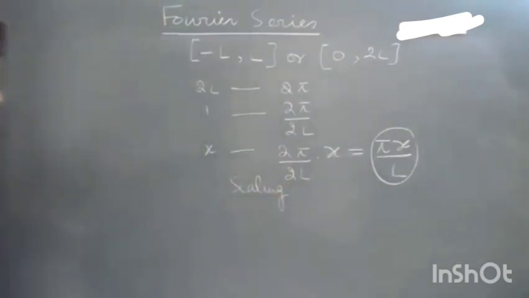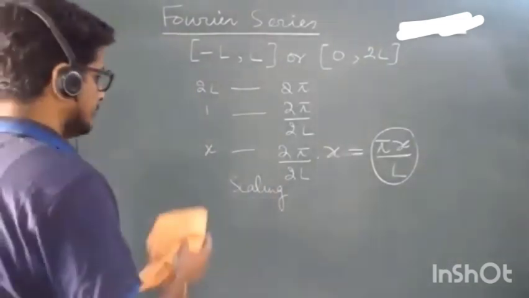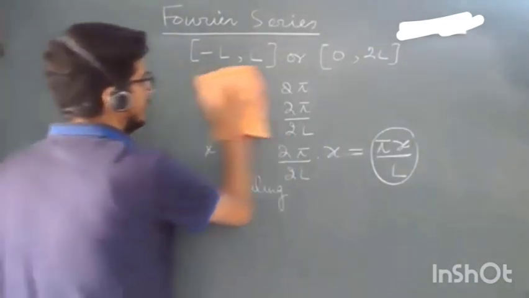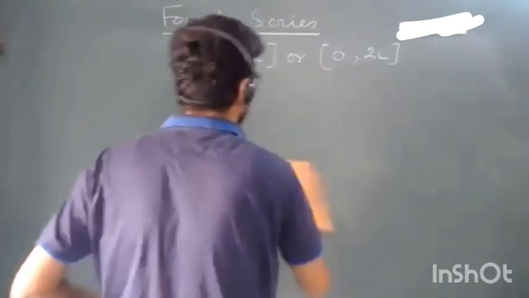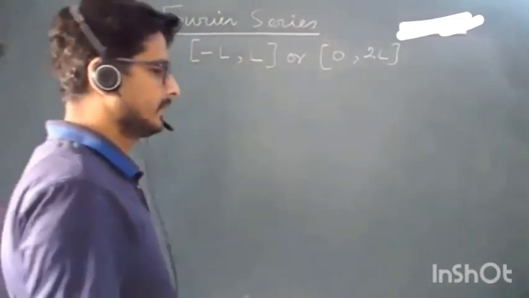So now let us write the Fourier series in this case. This is very, very important because this is general. Minus pi to pi was particular.